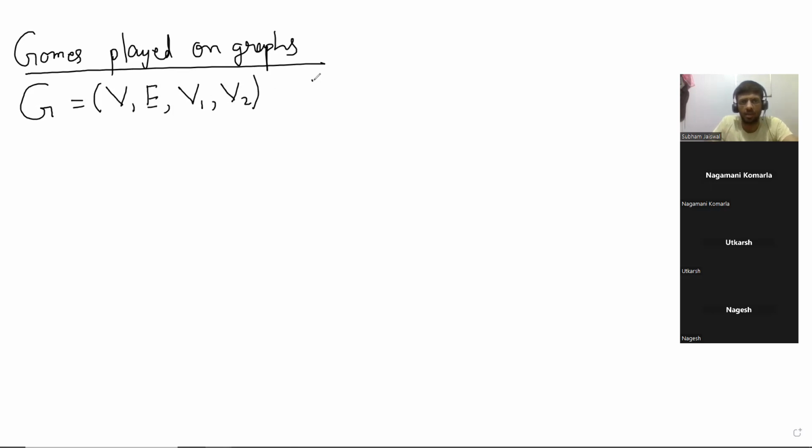V1 and V2 are again subsets of V. Let me change the notation, because for some reason we will use 0 and 1. That's better. We want that the disjoint union adds up to V. Okay, so basically the vertices of the graph are being partitioned into two parts. One set of vertices we are calling V0, another set of vertices we are calling V1.